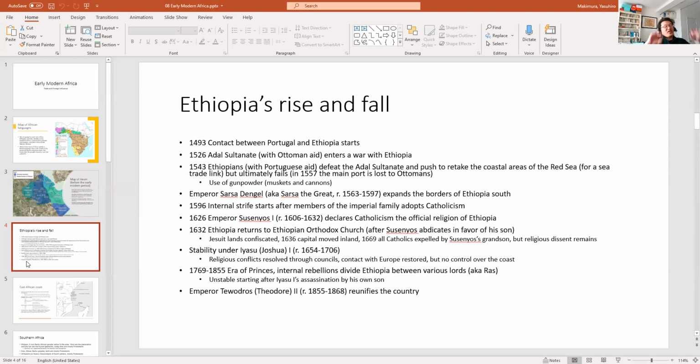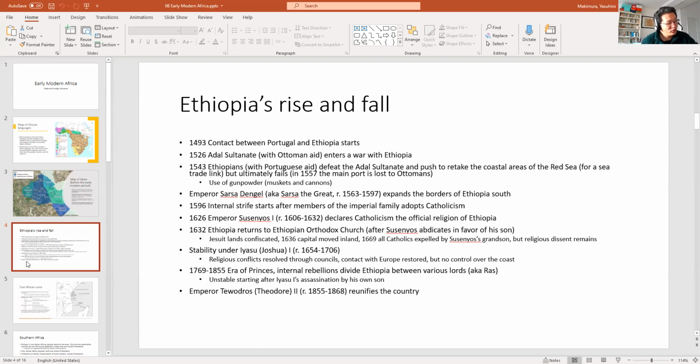But anyway, I don't want to get into the religious nitty gritty here. They have this huge conflict over this, but ultimately, Emperor Susenyos is forced to resign, and Susenyos abdicates in favor of his son, and his son immediately then turns Ethiopia back to being an Orthodox country once again. And to make sure that this doesn't happen again, the Jesuit lands are confiscated.